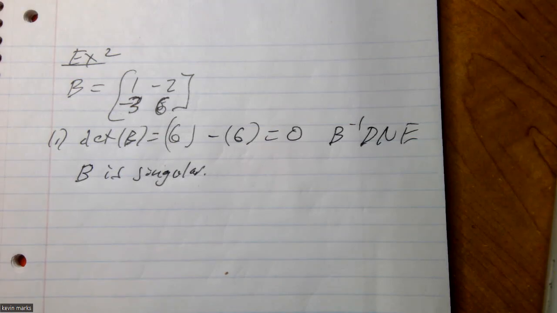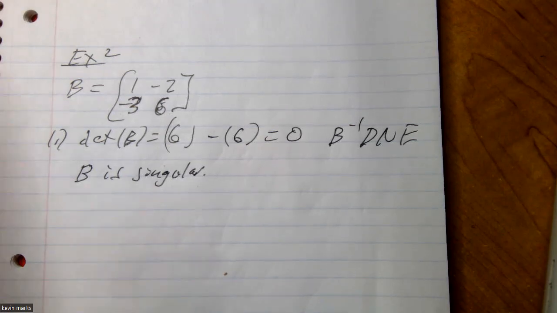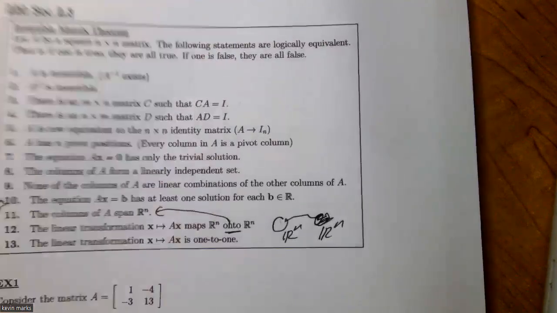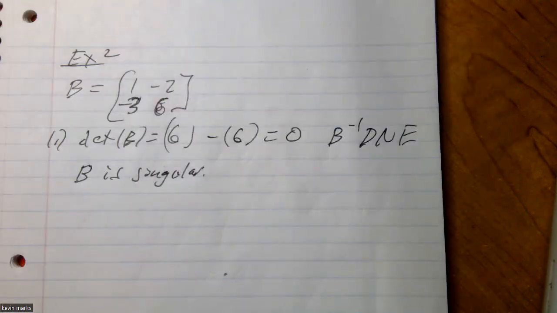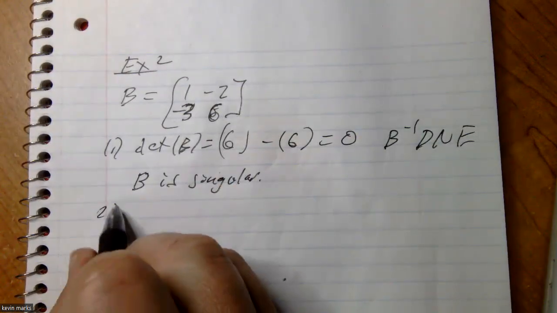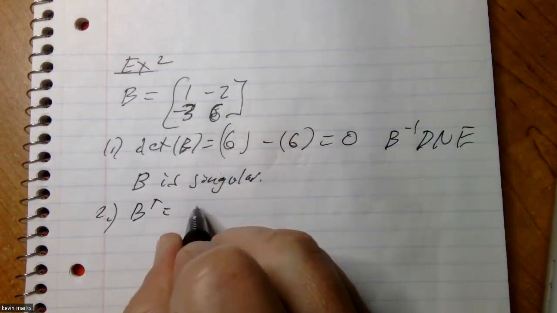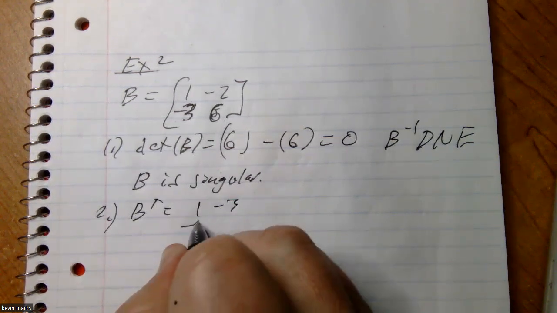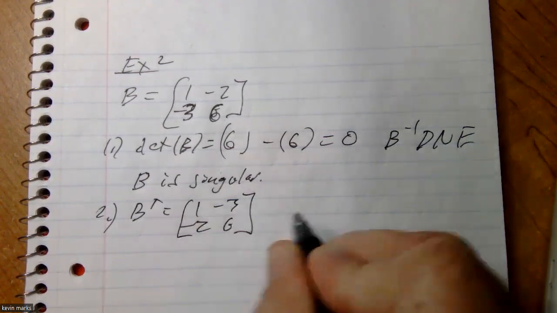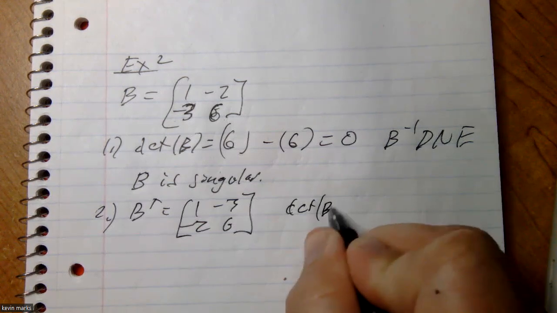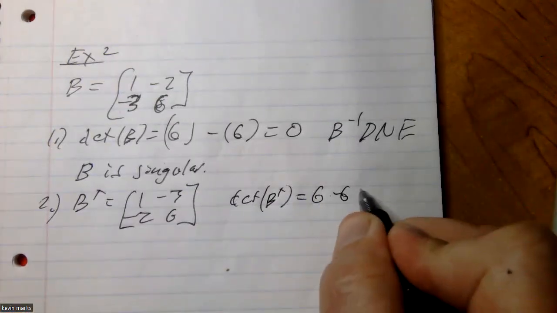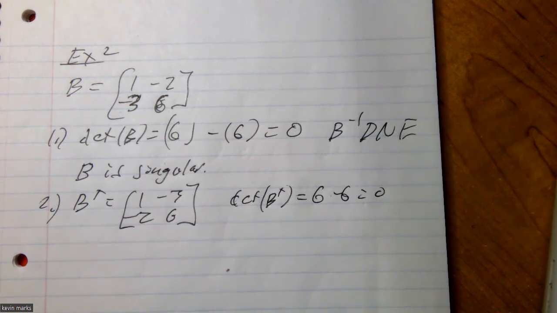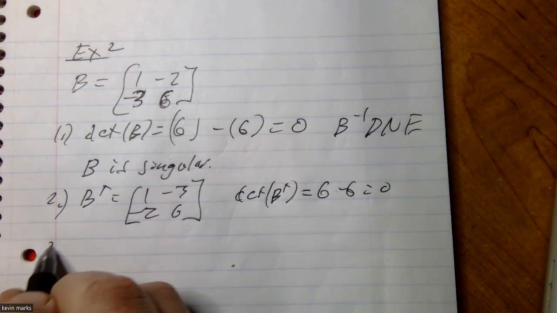He's all by himself. He's single. So what does that basically mean? Everything is false. If B doesn't have an inverse, then B transpose, 1, -3, -2, 6, also, same thing, doesn't have an inverse.